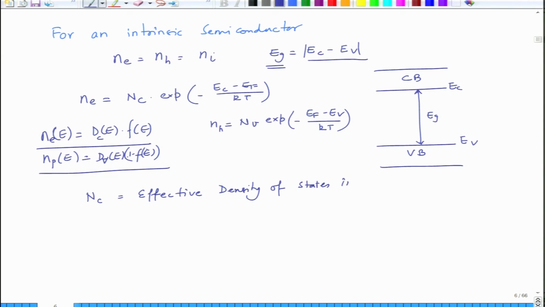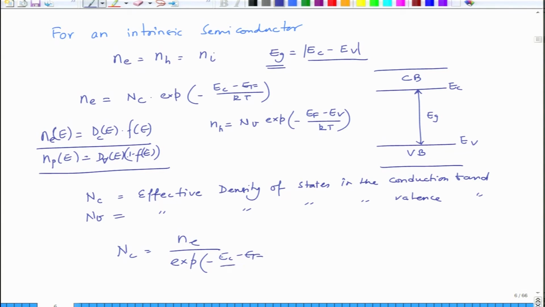in the conduction band, and Nv is equal to effective density of states in valence band. And you can see this from this expression. If you look at this, Nc is equal to nothing but Ne divided by some exponential function. This is Ec minus Ef divided by kT. So basically this is the probability function, okay.